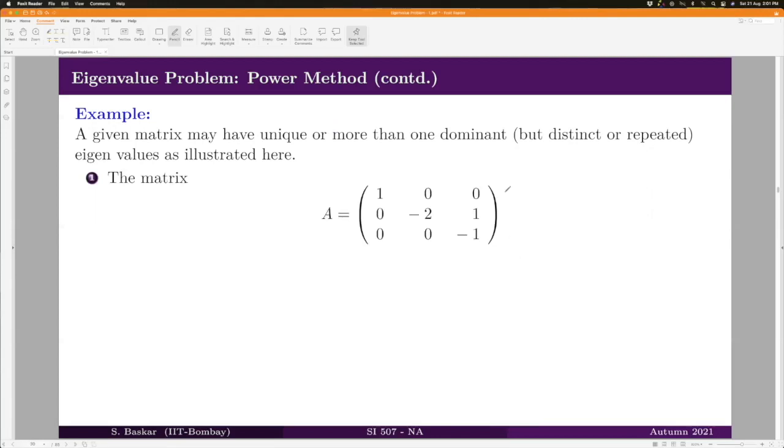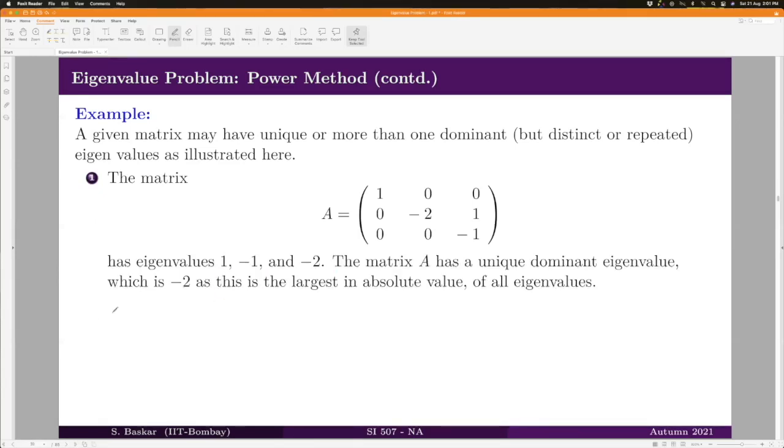Let's start with example 1, where the matrix A is given like this. With simple calculation, you can see that the eigenvalues are 1, -1 and -2. And from here, you can see that -2 is the dominant eigenvalue. And of course, you can also see that it is unique here.